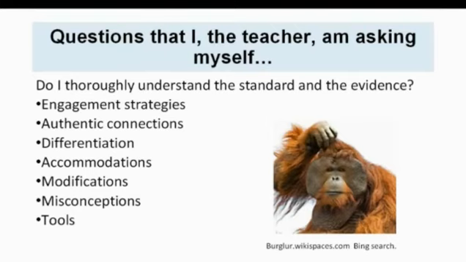What differentiation and/or accommodations will I need to consider? Because we all know our students vary in levels of understanding, attention spans, and readiness. Next, what misconceptions might they have? And finally, what tools might I use to make the learning more concrete and participatory?